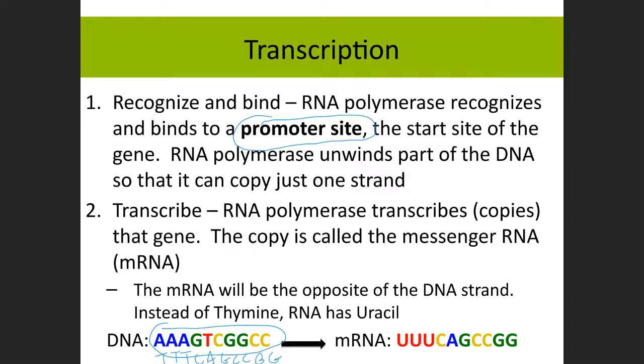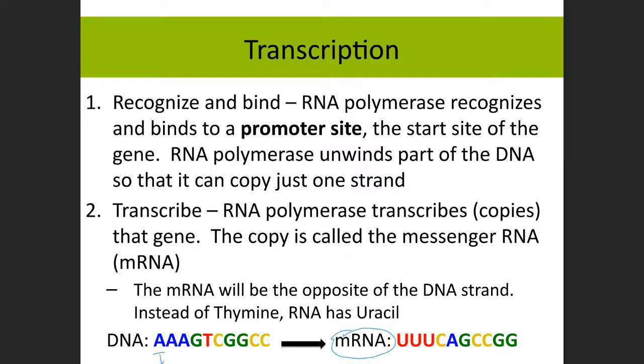But the difference here that we need to keep straight between DNA and RNA is that RNA has no T's. So it has A and G and C, but instead of T's, it has U's. So I have to throw out what I just wrote here, and I've got it written in here. This is actually our mRNA translation.